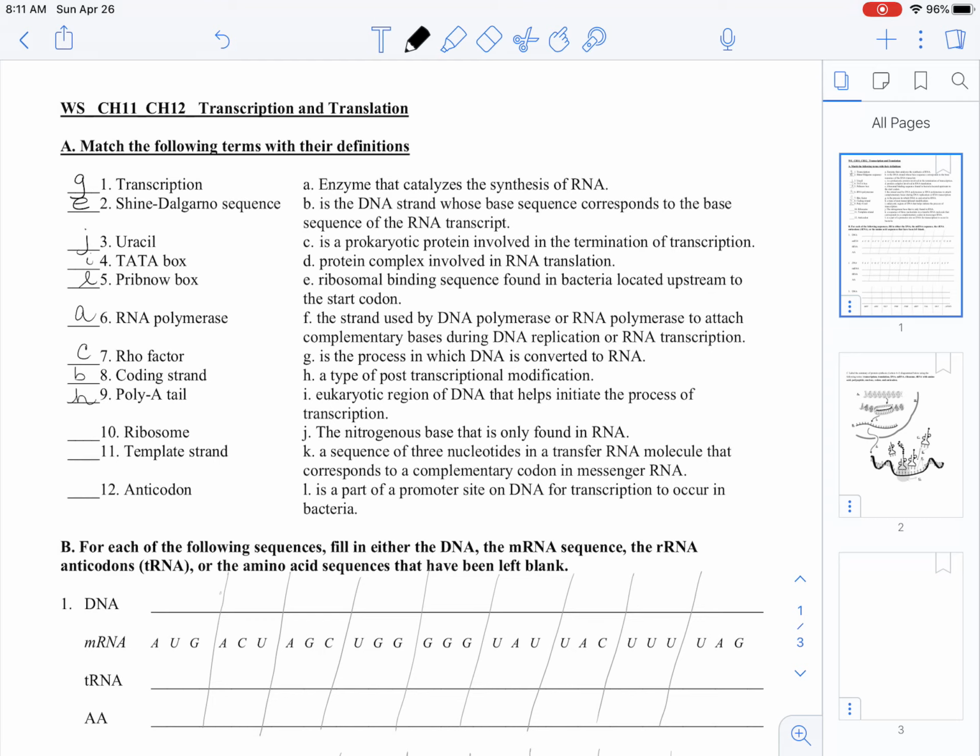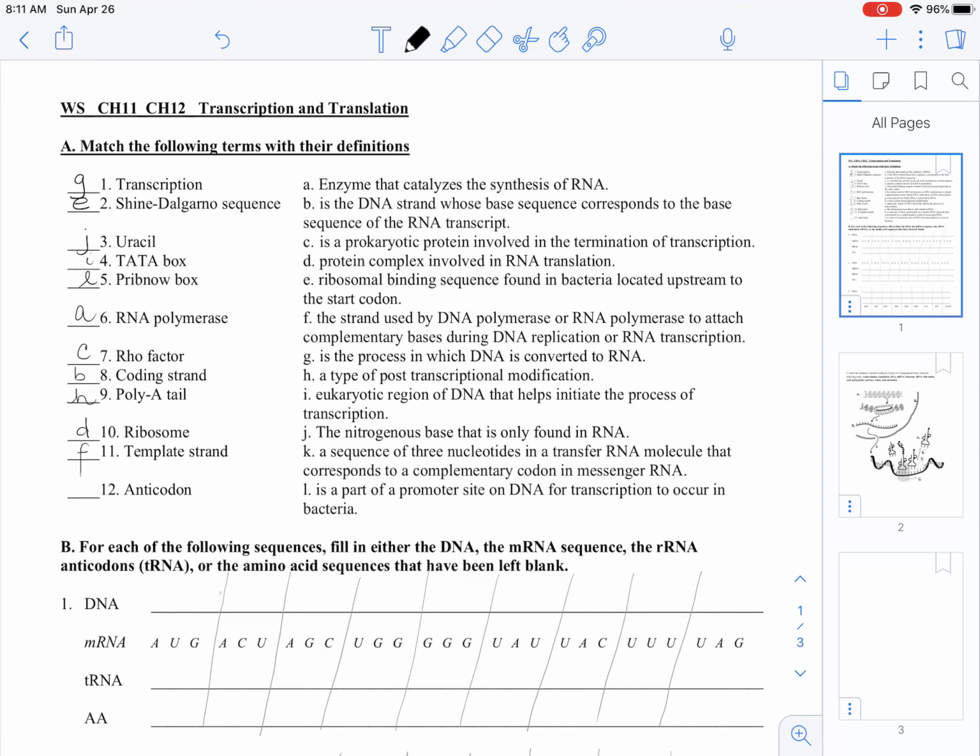Number 10 is going to be letter D, which is the ribosome, a protein complex that is involved in RNA translation. Number 11, which is template strand, is letter F. That is the strand that is used by DNA polymerase or RNA polymerase to attach complementary bases during DNA replication or RNA transcription.